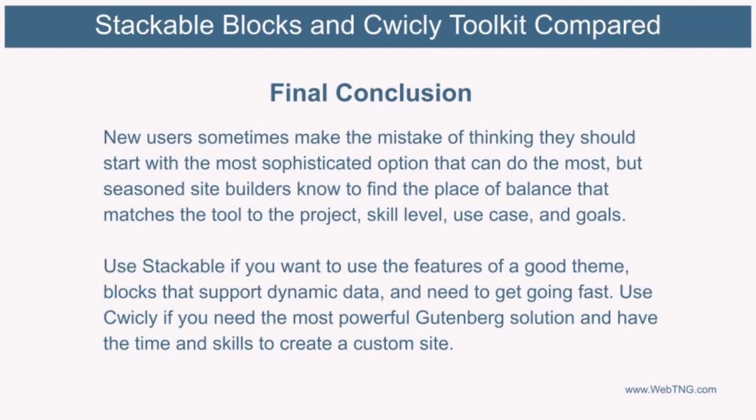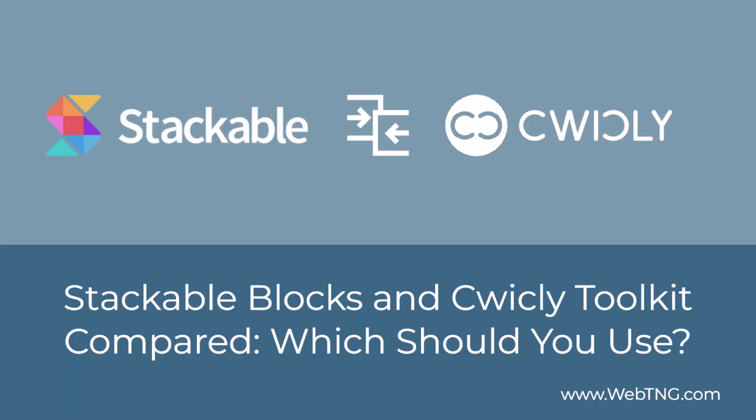Use Cwicly if you need the most powerful Gutenberg solution and have the time and skills to create a fully customized site. So that's my comparison of Stackable and Cwicly. I think based on this comparison, you should be able to see which one will work best for you, your site building needs, and your clients' needs.